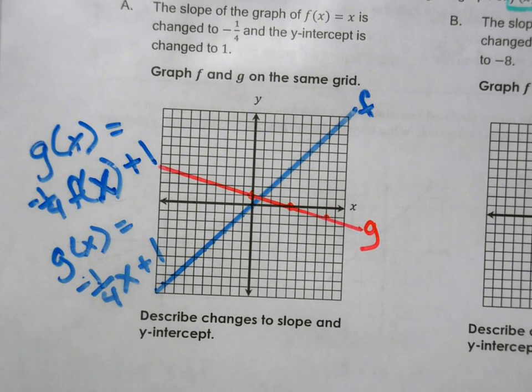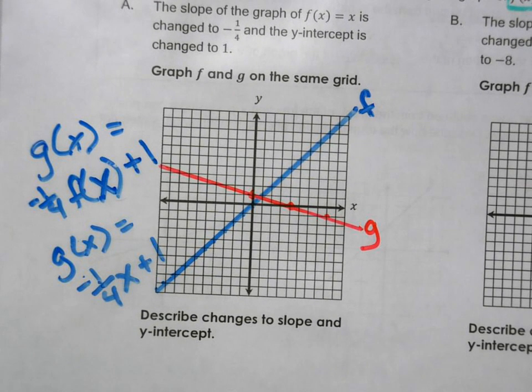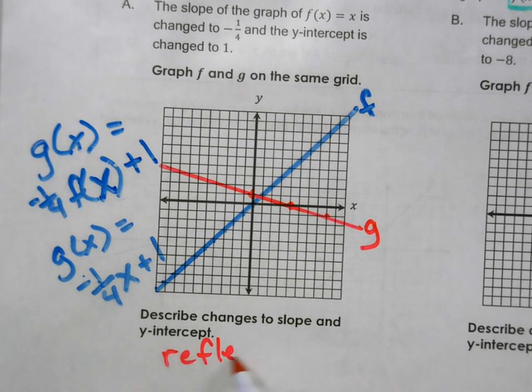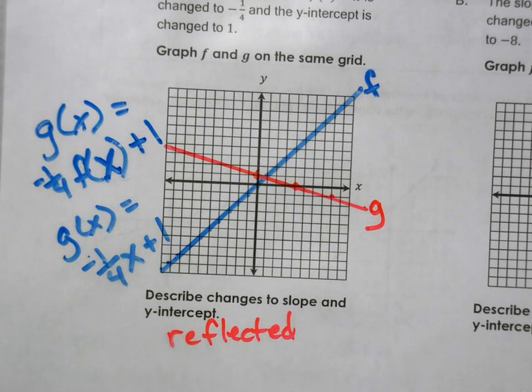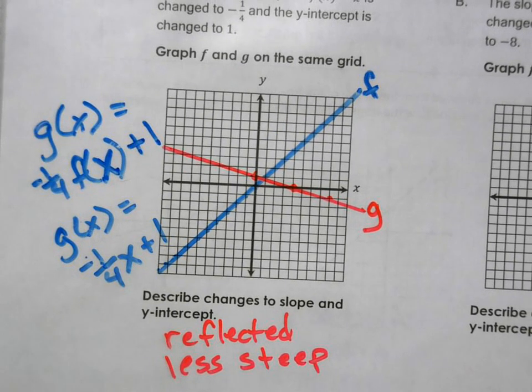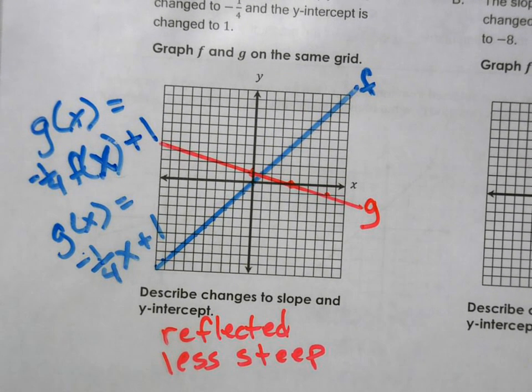So then it still says describe the changes that happened. So what happened to the slope? Okay, so it reflected. And then what? Less steep. And then what about the y-intercept?